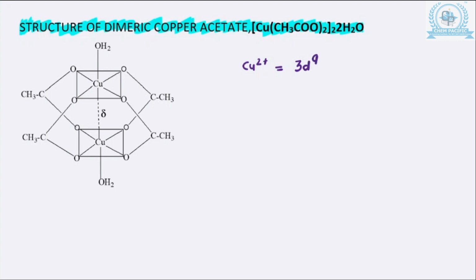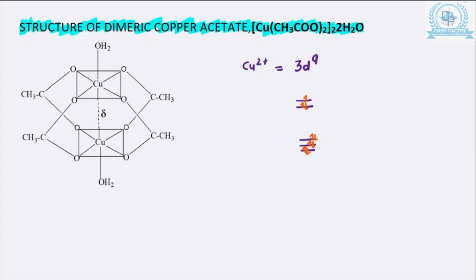Now since this is having an octahedral arrangement, in the octahedral arrangement this will be distributed into t2g and eg levels, right? And since you are having 9 electrons, you will be having 1, 2, 3, 4, 5, 6, 7, 8, 9.